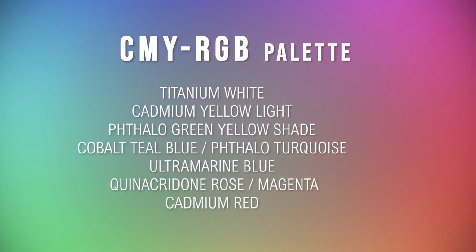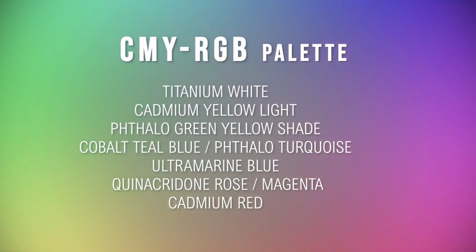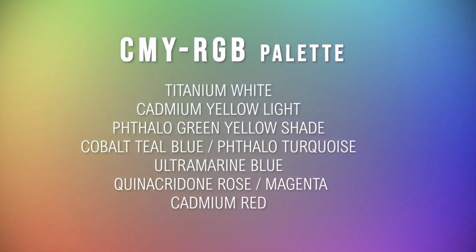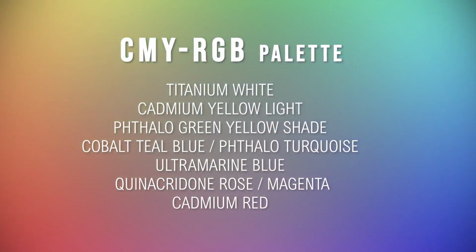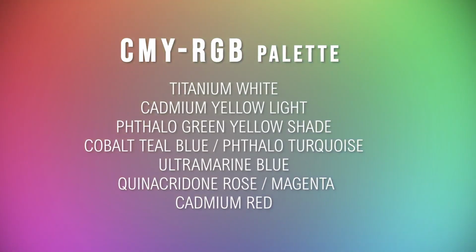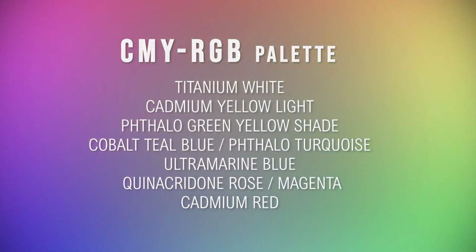So you can use titanium white, cadmium yellow light, phthalo green yellow shade, cobalt teal blue or phthalo turquoise blue, ultramarine blue, quinacridone rose or quinacridone magenta, and cadmium red. These pigments can be called the sort of ideal primary colors, if you want to say that.